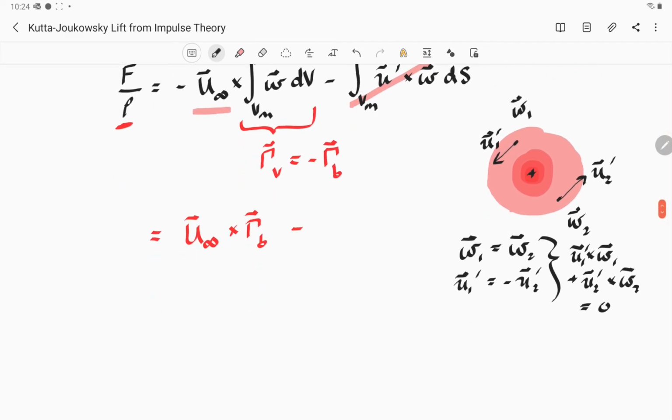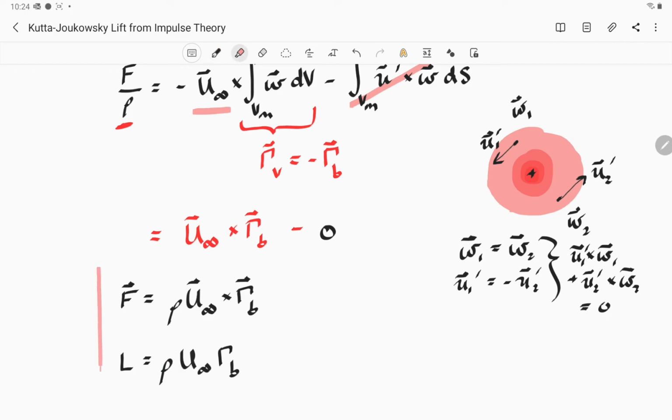So there we have it. I can write that this is 0, and we have at last the Kutta-Joukowski lift theorem shown in vector form, which, if we're just looking at the lift, gives us back the expression as we wrote it at the beginning.